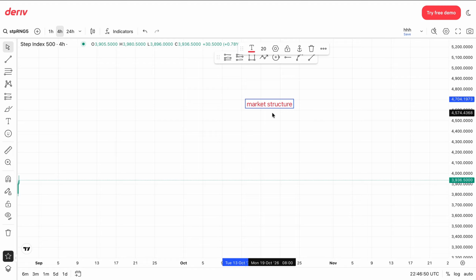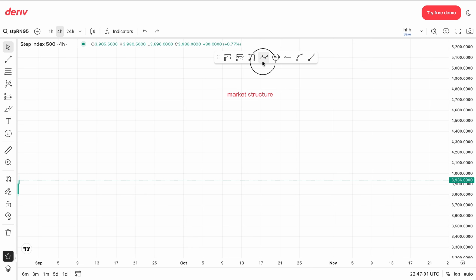Hope this is correct, you shall understand. Market structure. Then we'll have, sorry, let me just put it here. Just trying to break it down really fast, then we'll get on to the next topic.